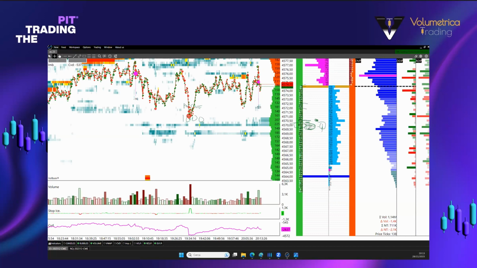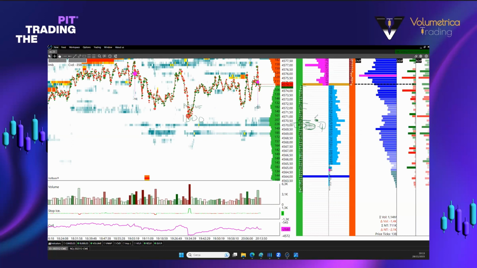So if I am willing to execute on the upside, the smartest thing I could do is trying to get an execution maybe one or two ticks worse than that, but in a level of the book which is not that crowded.